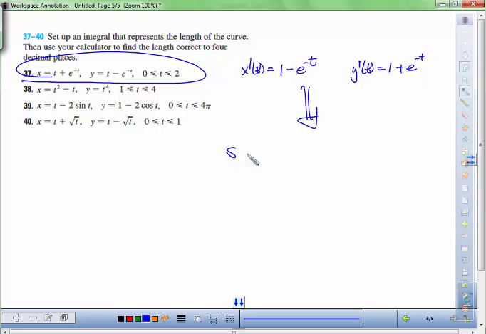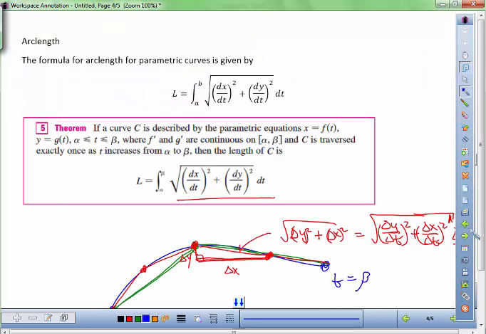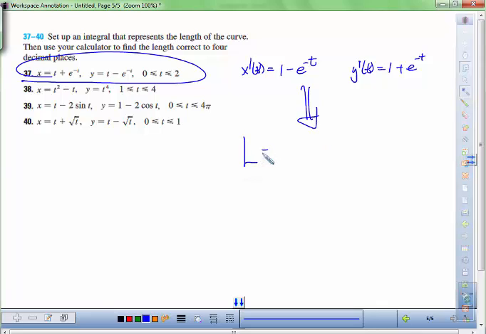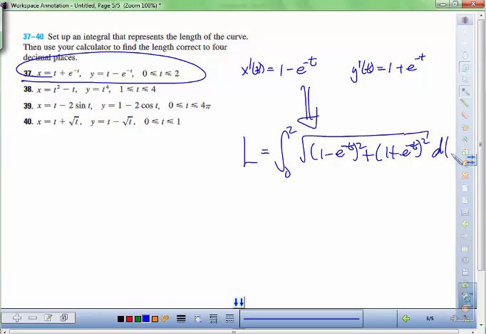So our arc length, they usually call it S. I don't know why they call it S. Is that what they called it? L. They call it L. Let's call it L. So in this case, it's going to be the integral from 0 to 2 of the square root of (1 minus e to the negative t) quantity squared plus (1 plus e to the negative t) quantity squared dt.